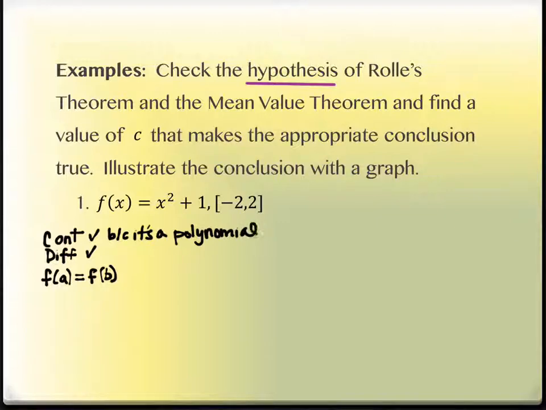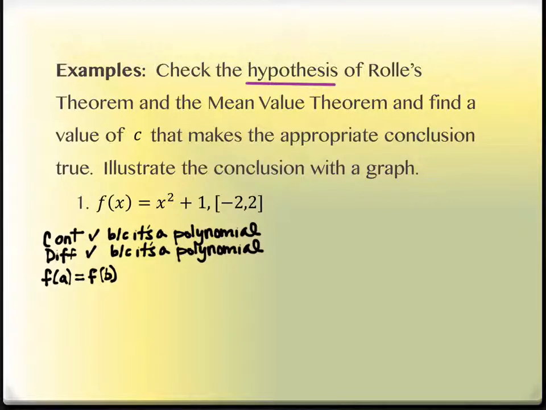You have to check this condition, and the way that you tell me that you've checked it is by writing down this statement. It's continuous because it's a polynomial. It's differentiable because it's a polynomial.